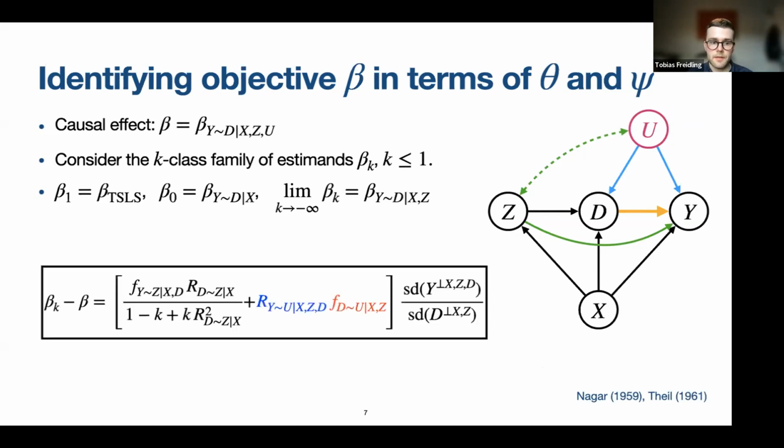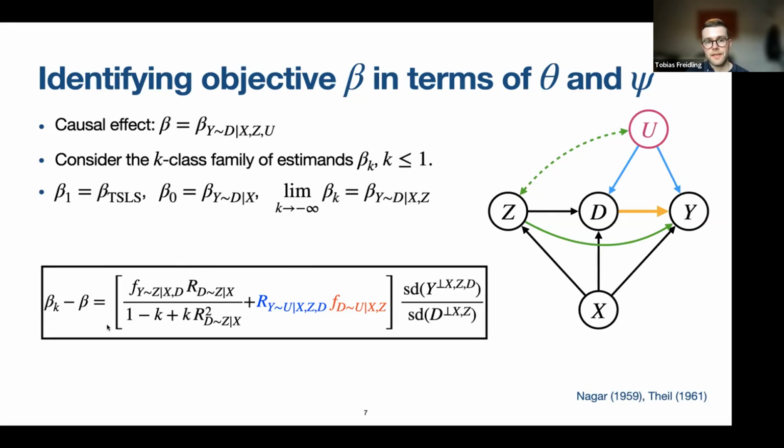In the paper, we derive a new formula for the bias of this estimate, which is the difference between, well, the K-class estimate and the causal effect that we care about. And we see it can be expressed in terms of a couple of R values, R square values, f values, and this fraction of standard deviations.